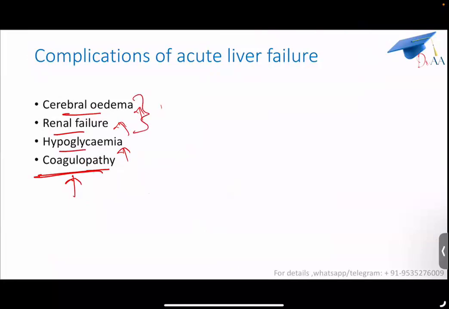This is mainly because proteins are synthesized in the liver. Whenever there is depletion of glucose levels, gluconeogenesis and glucagon mainly act in the liver and produce more glucose. That's why they have recurrent episodes of hypoglycemia. Most of the clotting factors are synthesized in the liver. If the liver is affected, there will be coagulopathies.